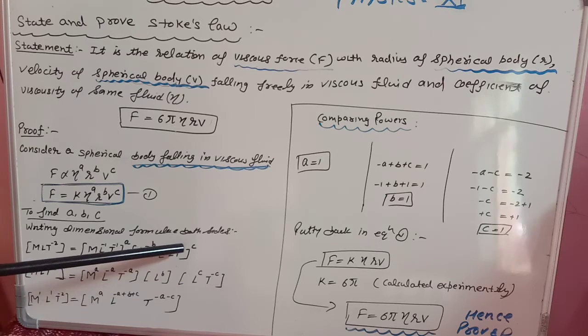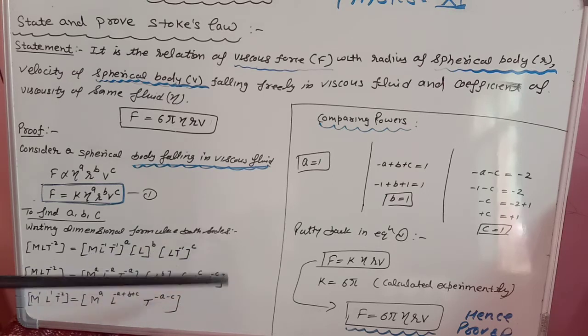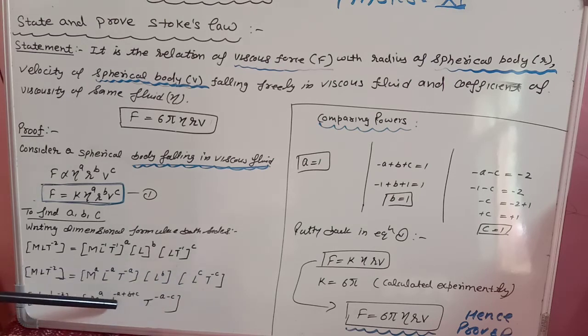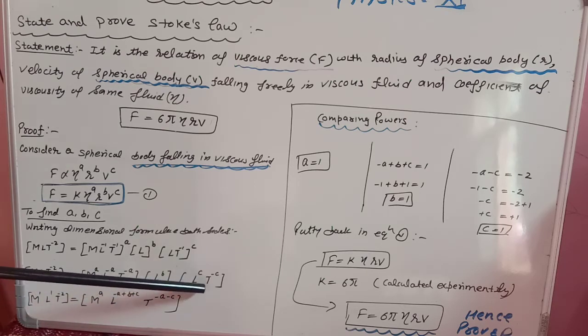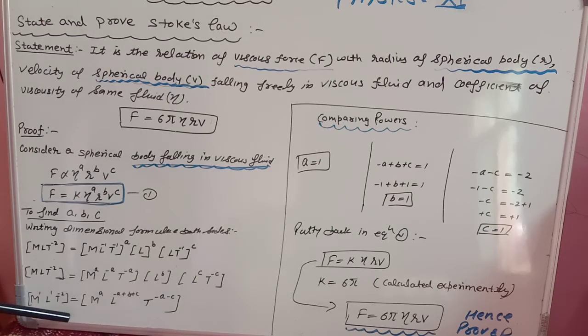T power is minus 1 outside c, so T power is minus c. Once again I am combining. On the left, M power is 1, L power is 1, T power is minus 2. On the right, M power is a. L power is minus a, here b, here c, so all together minus a plus b plus c. T power is here minus a, here minus c, so minus a minus c. I hope you understood up to here.